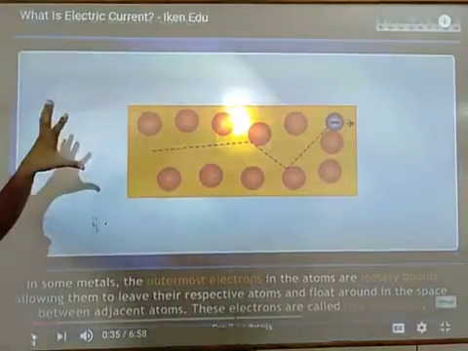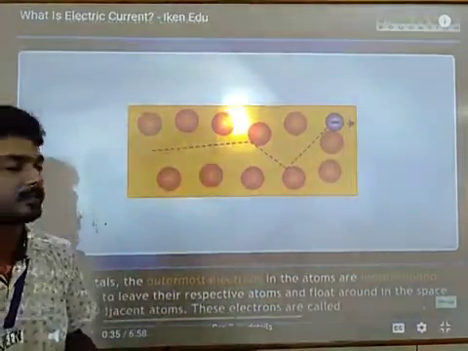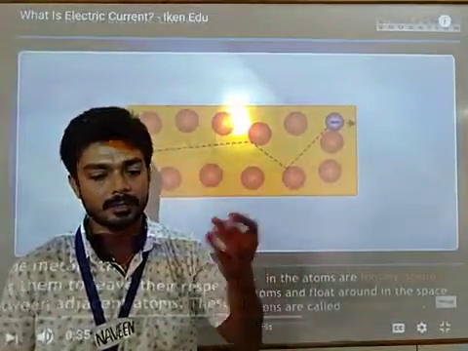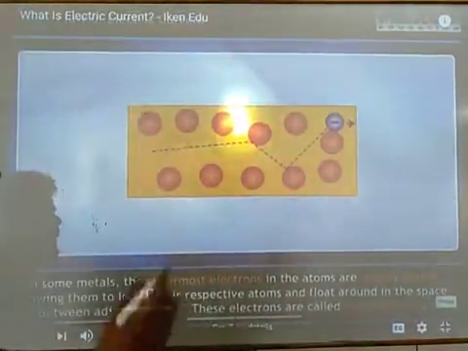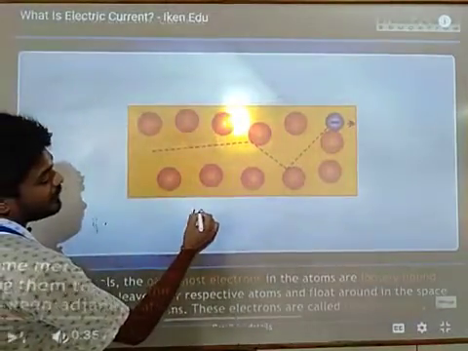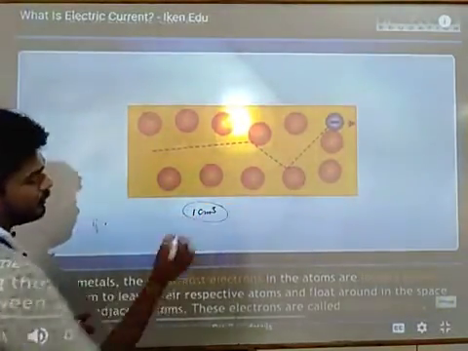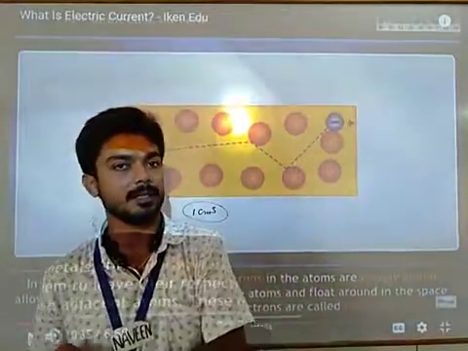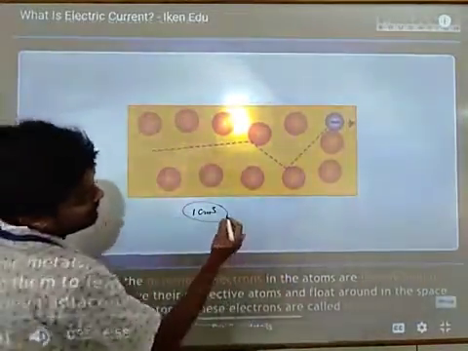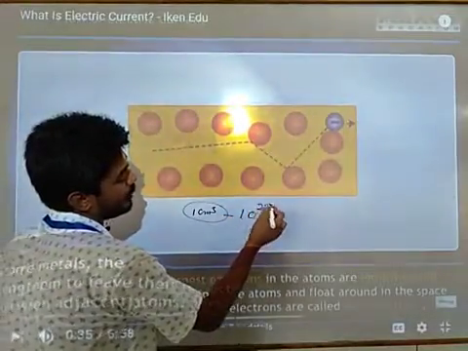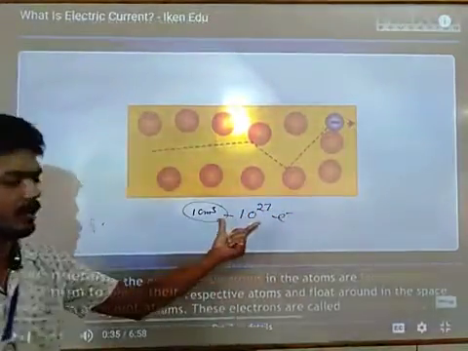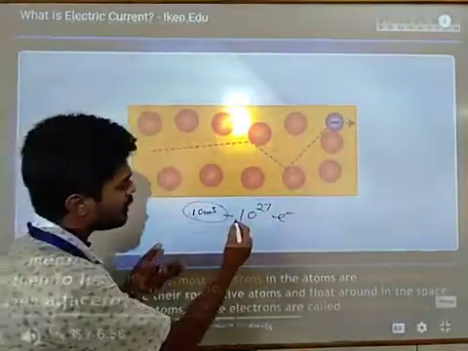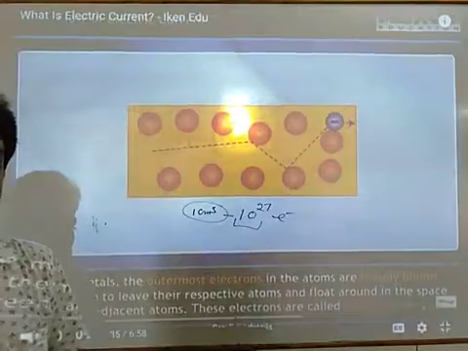Since atoms are very dense in a conductor, if you take some data, you will observe that in 1 centimeter cube of volume, if we take a copper piece of size 1 centimeter cube, it consists of about 10 to the power 27 free electrons, and near about the same number of atoms also.